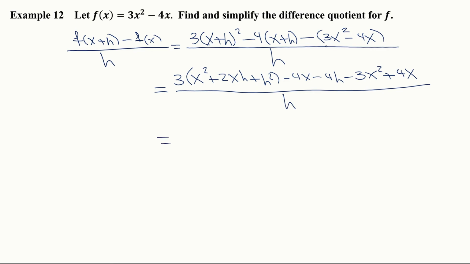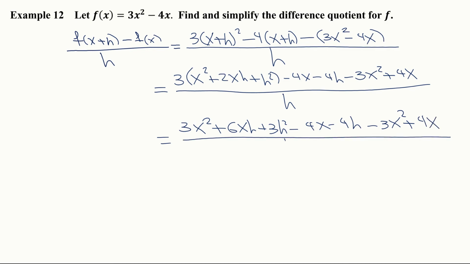So let's go ahead and distribute the 3, so we get 3x squared plus 6xh plus 3h squared minus 4x minus 4h minus 3x squared plus 4x all over h. Now, we notice some cancellations.